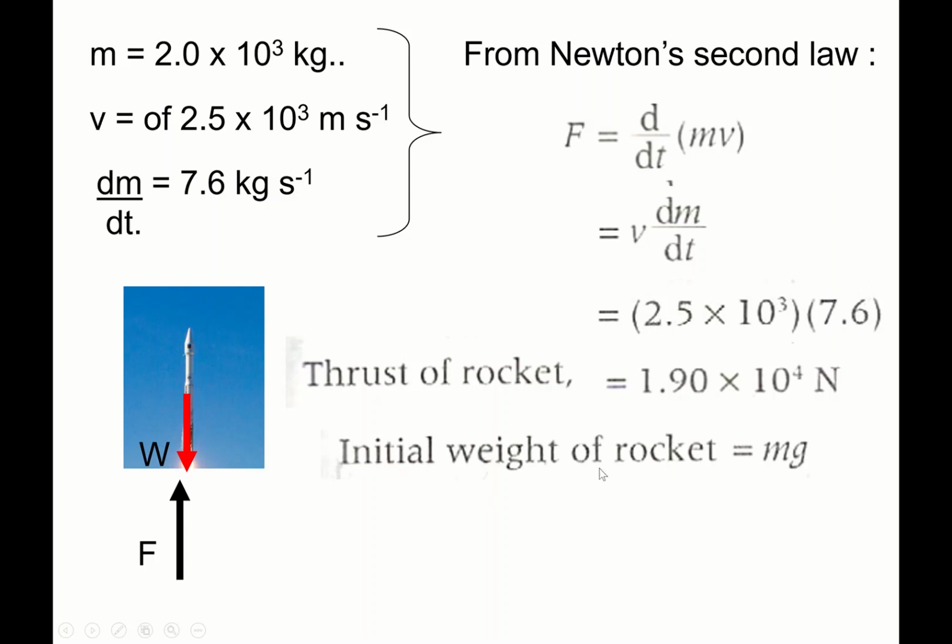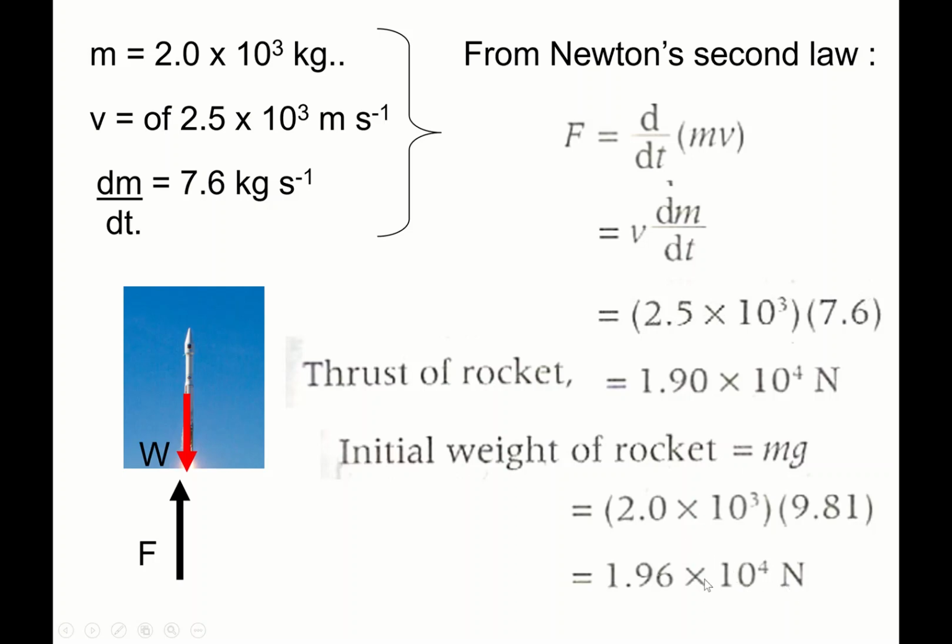The initial weight of the rocket, before the fuel is consumed, is mg, which equals the mass of the rocket, 2.0 times 10 to the power of 3 kg, including the fuel in the rocket before it is consumed, times g, which is 9.81. So the answer is 1.96 times 10 to the power of 4 Newton.